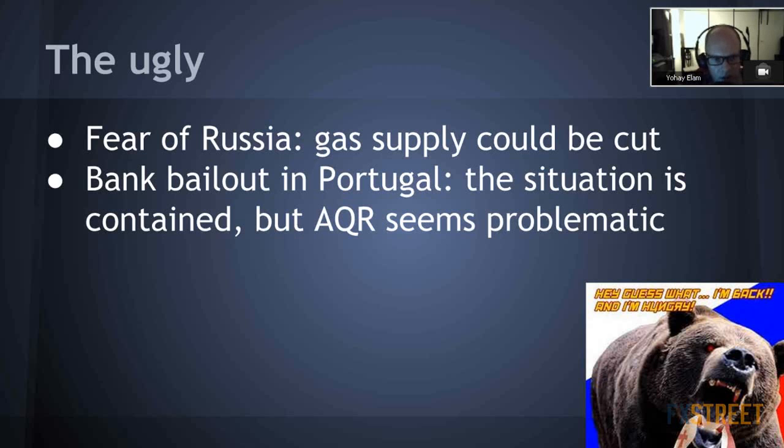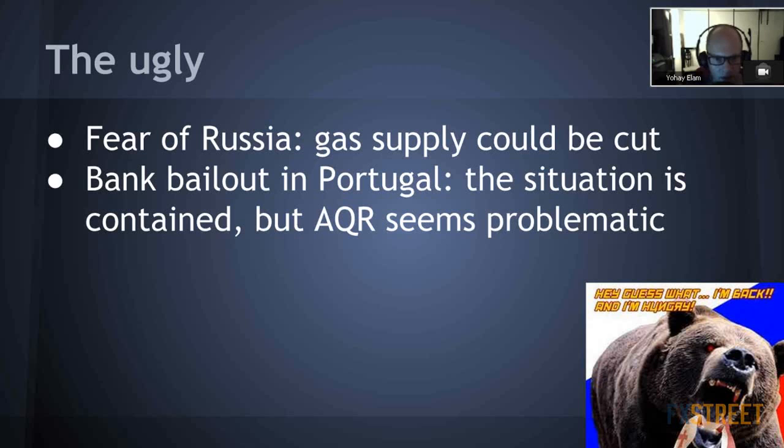Another issue is the bank bailout in Portugal. So far the situation is contained. Banco Espírito Santo ran into trouble and was bailed out by the government and the central bank in Portugal. A local crisis. On the other hand, it showed that a problem nobody knew about a few weeks ago suddenly emerged and became an issue, and they quickly needed a resolution.